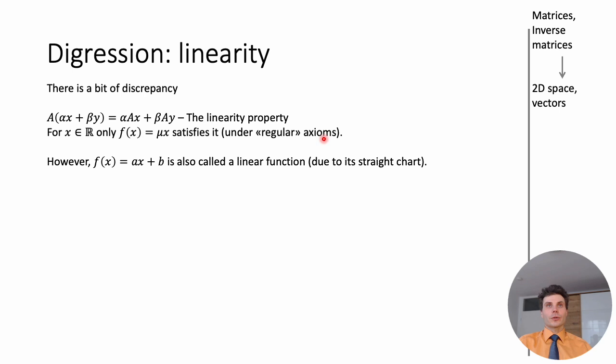Sometimes, if you're curious or just randomly, you can encounter online certain discussions about other functions being linear, which cannot be written in this form mu times x.